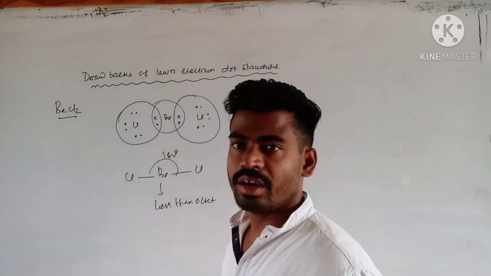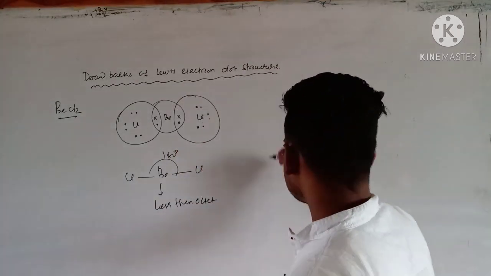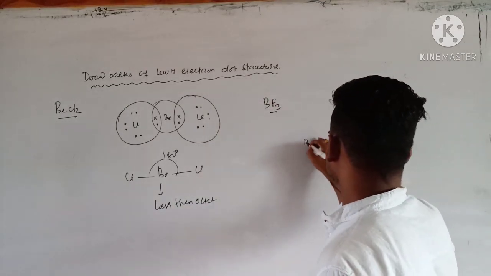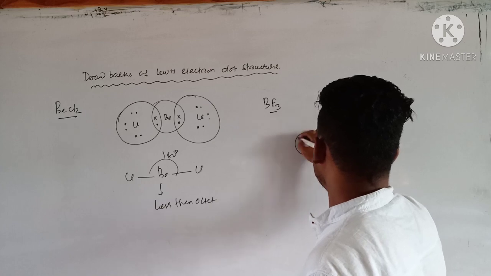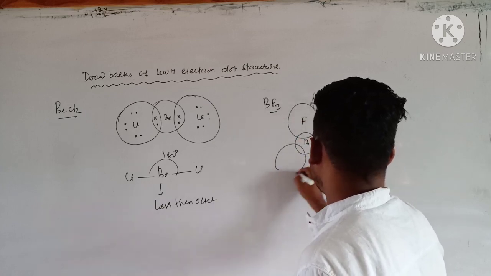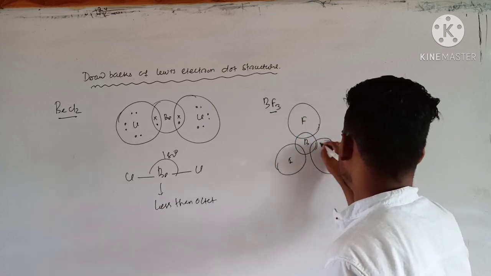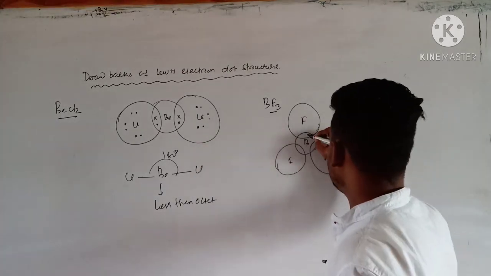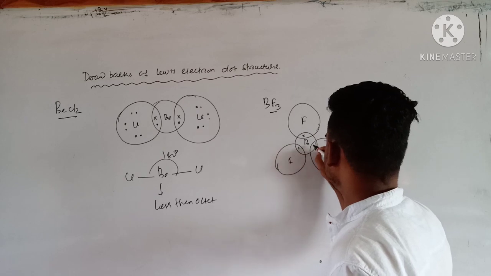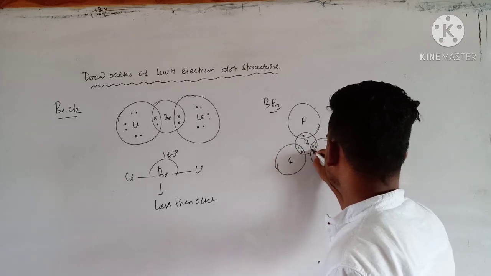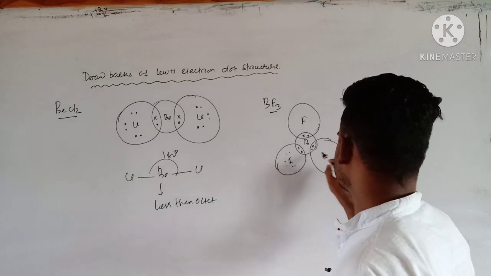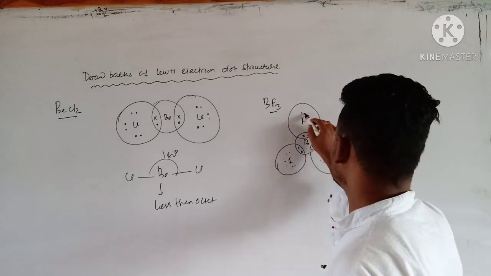octet. Likewise, if I consider the BF3 molecule, here you see the central boron atom, and here one fluorine, another fluorine. How many valence electrons are there in boron? 3 valence electrons like this, and each dot electron is given by a fluorine. Like this.